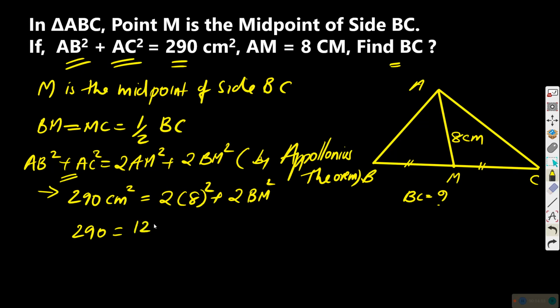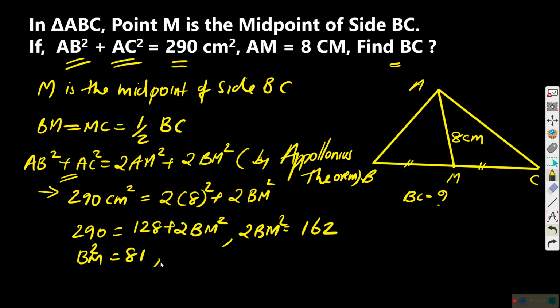We know that 290 is equal to 128 plus 2 BM square, and we will rearrange it. We can say that 2 BM square is equal to 290 minus 128, which is equal to 162.